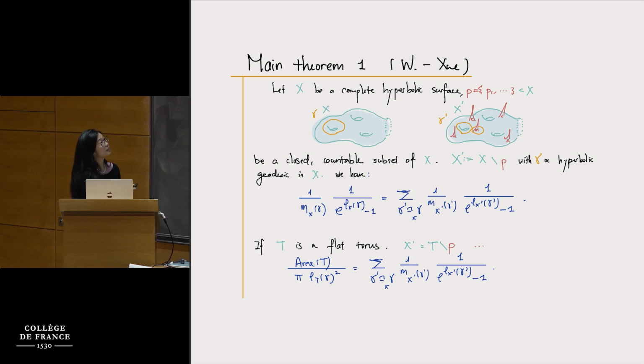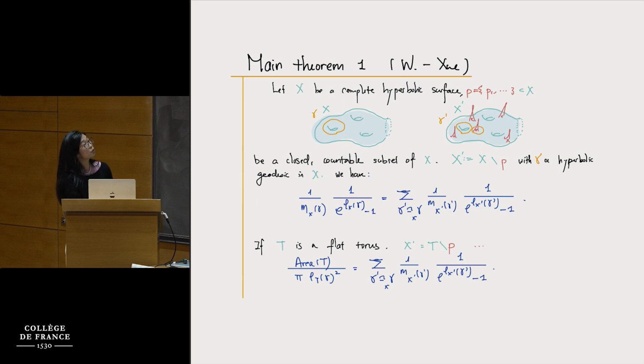On the right-hand side is a sum over the geodesics of X prime, summing over all the geodesics that would have been homotopic to gamma in the previous surface. For instance, here I draw a picture of one example of a gamma prime, which goes around the same handle, but also wraps around the cusp. So if you fill in this cusp, you will get the curve that will be freely homotopic to gamma.